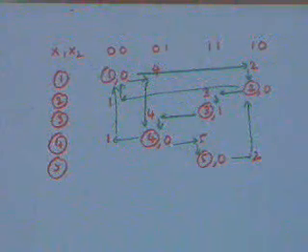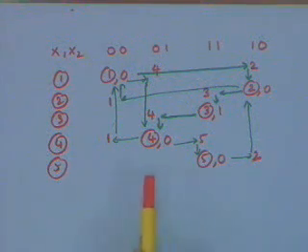This particular diagram is nothing but drawn from the flow table, this is called the flow table, and this is nothing but drawn from the waveform that we had in terms of the transitions that are taking place.